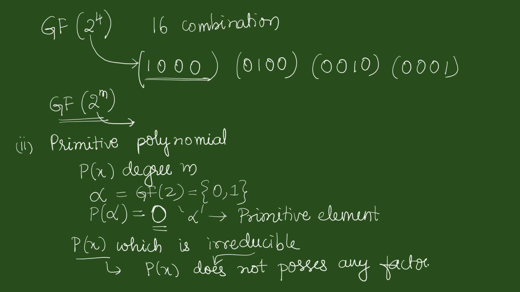That means there are no roots for this particular polynomial. Then such a polynomial p of x, which is irreducible, is known as a primitive polynomial.